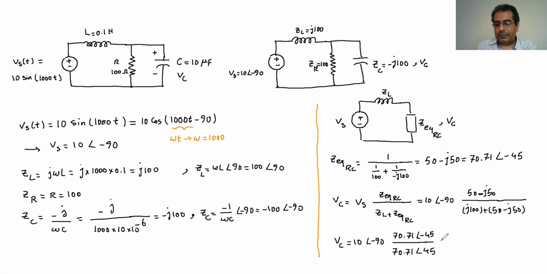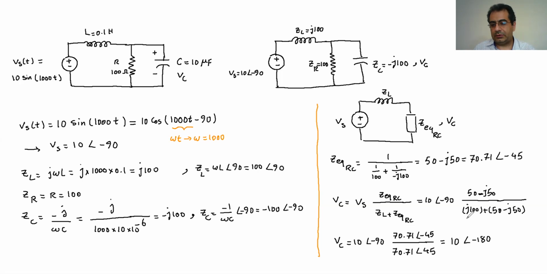And then you divide these two, so basically divide the magnitude and subtract the angle, this angle minus this one, and then multiply it by this, which is multiply the magnitude and add the angle. So if you do all the calculation, eventually you're going to get 10 with the angle of negative 180.